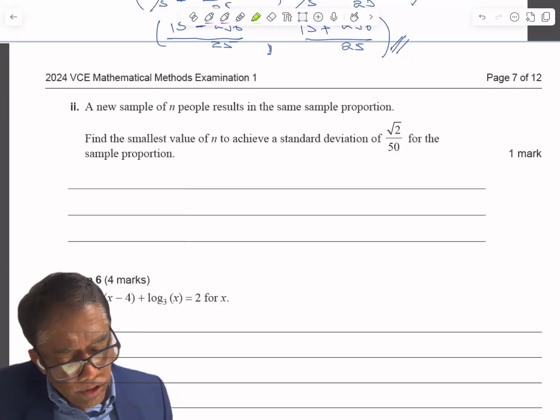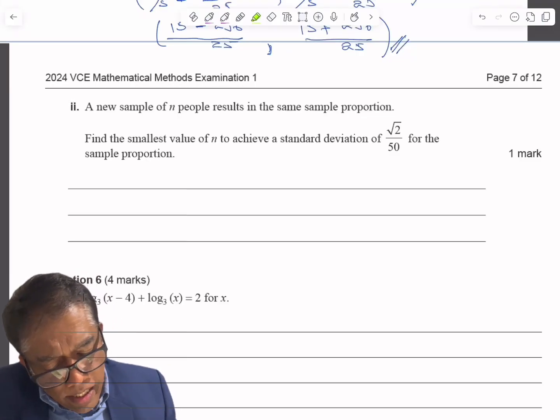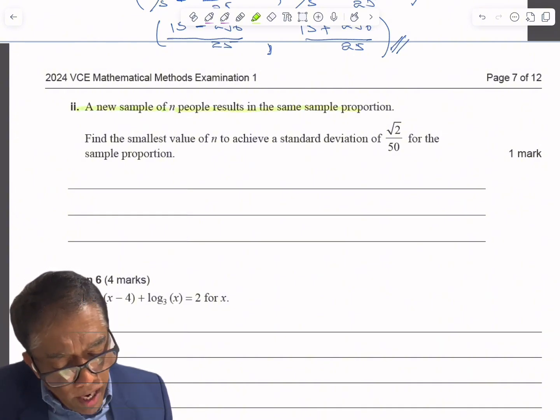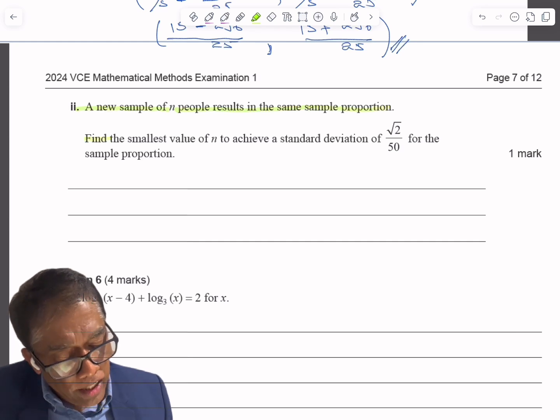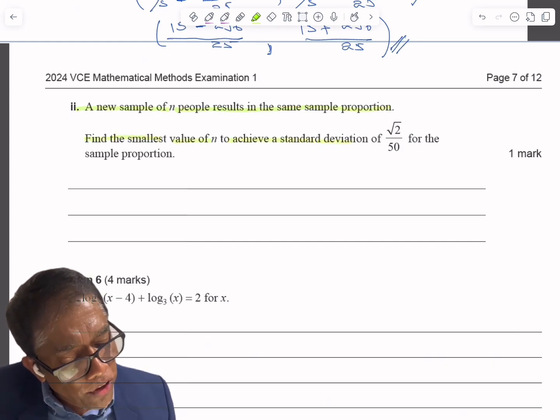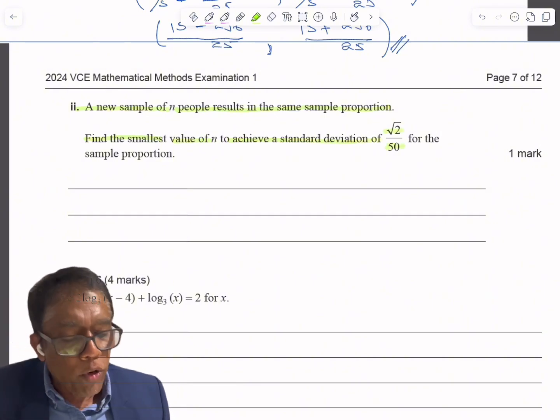Next part of the question. It says a new sample of n people results in the same sample proportion. Find the smallest value of n to achieve a standard deviation of root 2 over 50 for the sample proportion.